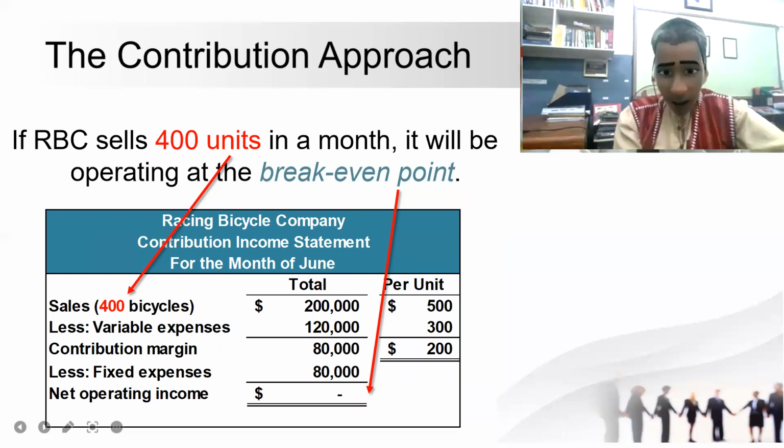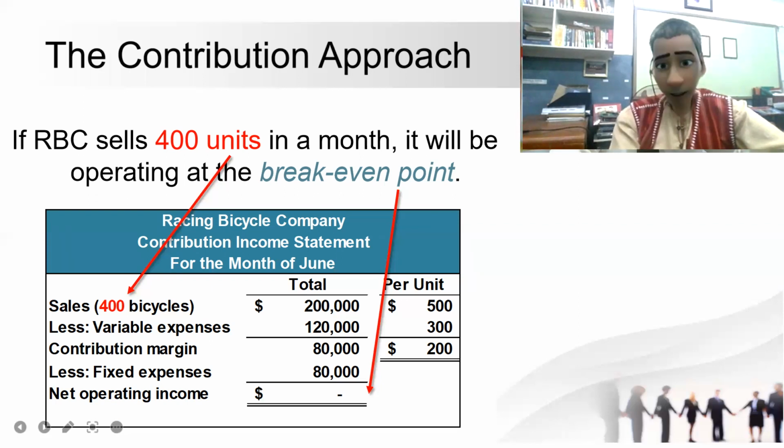Okay? Because 400 bicycles is equivalent to $200,000. If you subtract variable expenses, the contribution margin is $80,000, which is equal to fixed expenses. Therefore, if you subtract, there is no income, zero net income. Okay, so meaning we are at the break-even point.